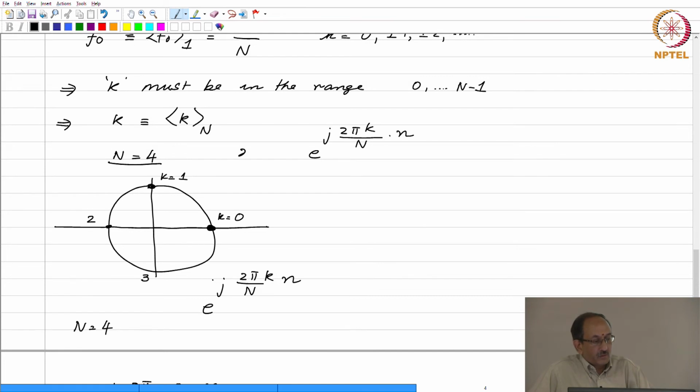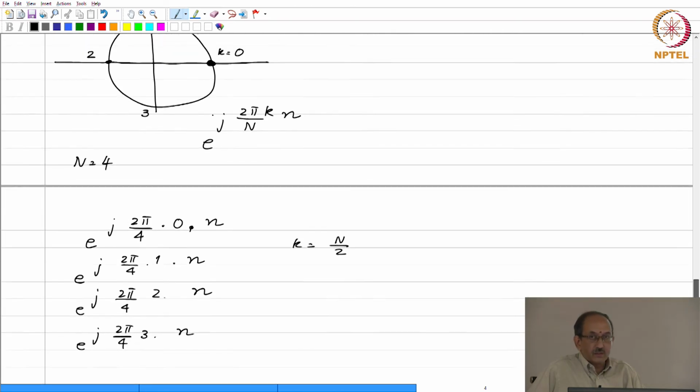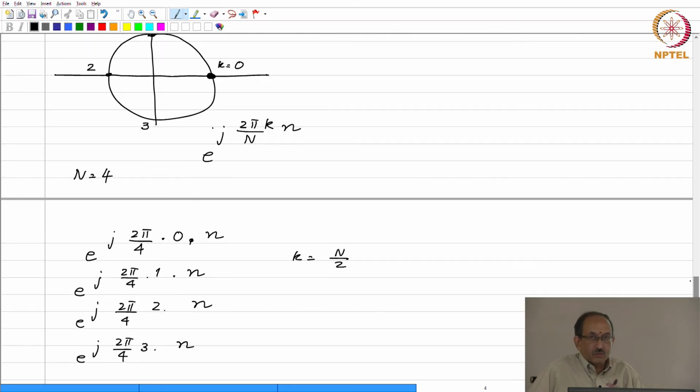Let me call this x k of n, and k itself will take on the value 0, 1, 2 up to N minus 1. Here I am considering as a specific example the case when capital N is 4, all right. So, I get these 4 distinct exponentials. Whatever distinct means, we will make it more precise.